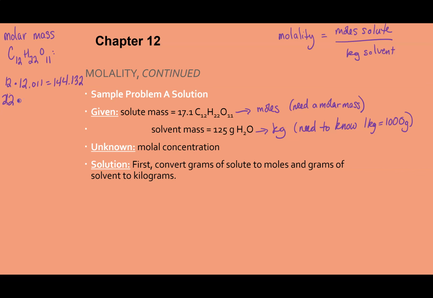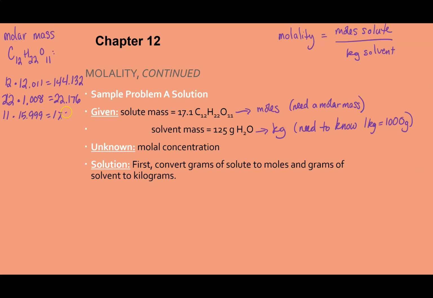For hydrogen, we're going to take 22 times the mass on the periodic table. My periodic table had rounded it to 1.008, so I'm going to get 1.76 grams of hydrogen, and then my oxygen is going to be 11 times 15.99.